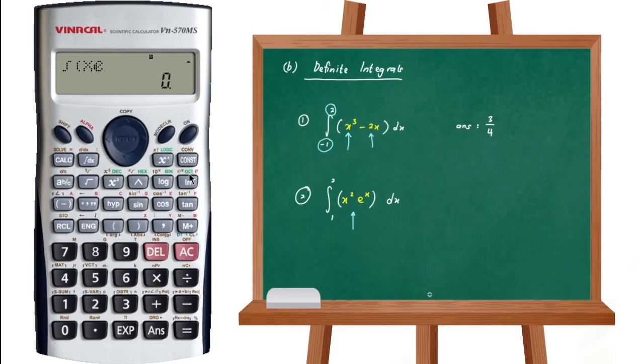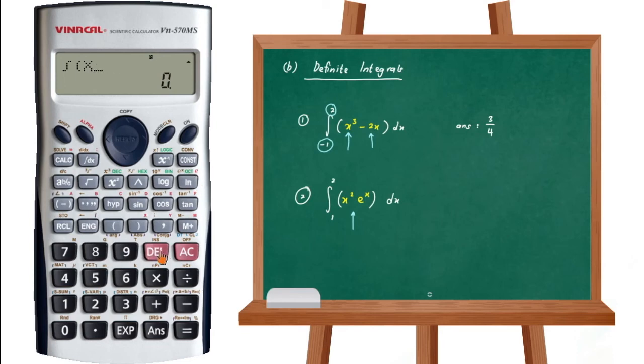If we use this way to display the exponential function, we need to use this symbol in order to display the power, and then alpha followed by this button. So this is how you key in the exponential function for e to the x if you want to use this feature, red e.